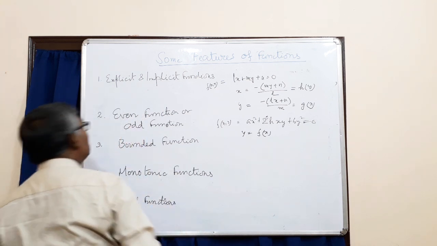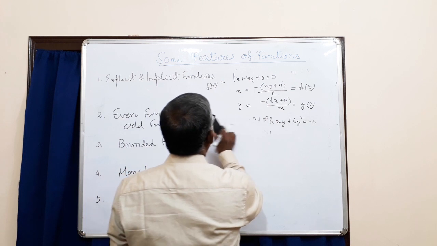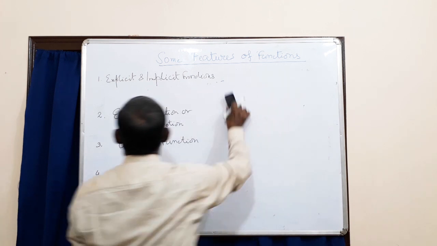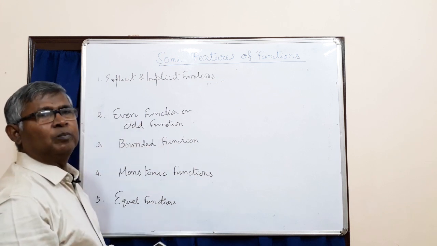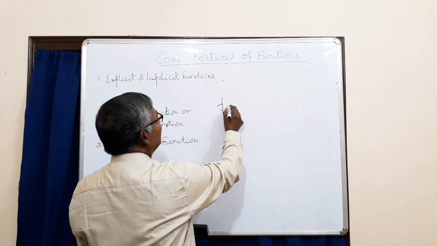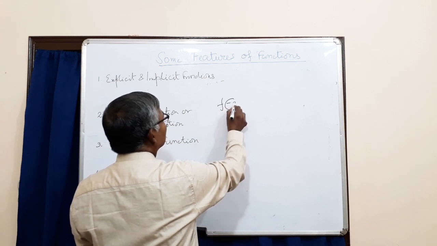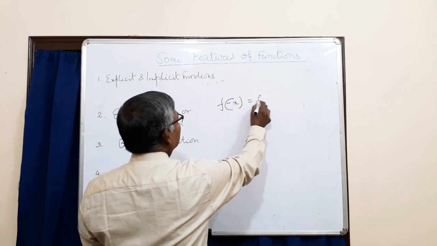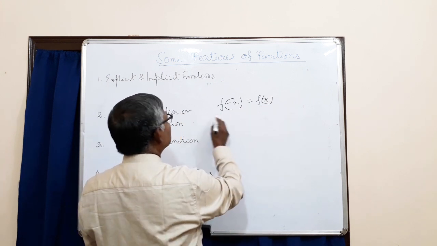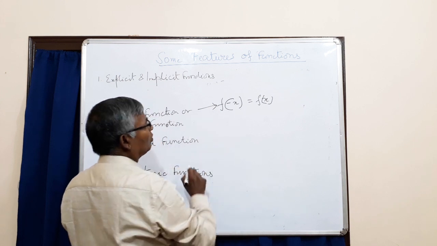Now let us follow another feature of function, say even function and odd function. What is even function? If a function can be written as f of minus x equals f of x, if you get this value, then the function is called even function.